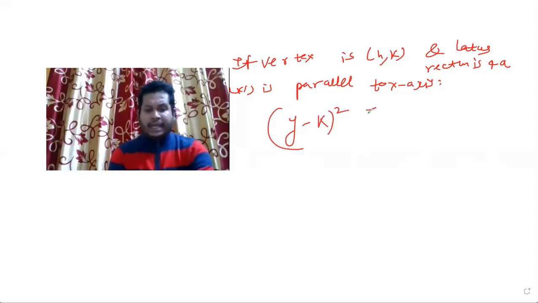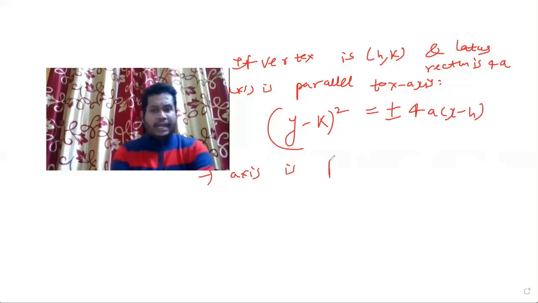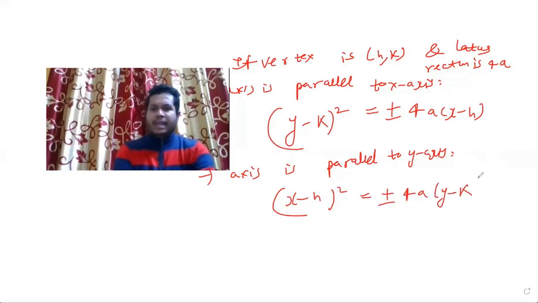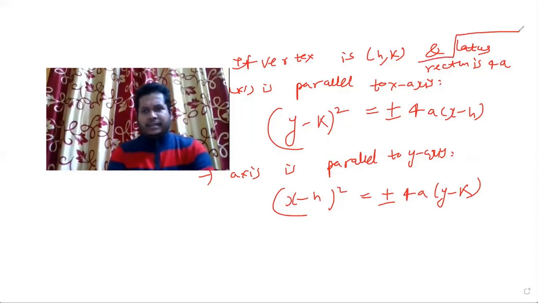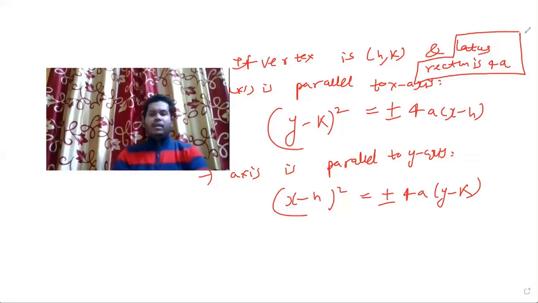You all can make a note, and that will be equal to plus minus 4a (x minus h), depending on the situation in which the parabola is. And the second case, if the axis is parallel to the y-axis, it will just be the opposite. So in that case, the equation of the parabola will be (x minus h) whole square, equal to plus minus 4a (y minus k). And I've also told you what the latus rectum of the parabola is. That is the formula for latus rectum, and that is 4 times a. Okay, so these are the few things that we all need to know for the parabola.